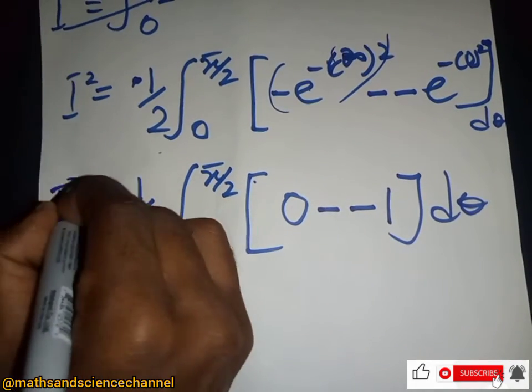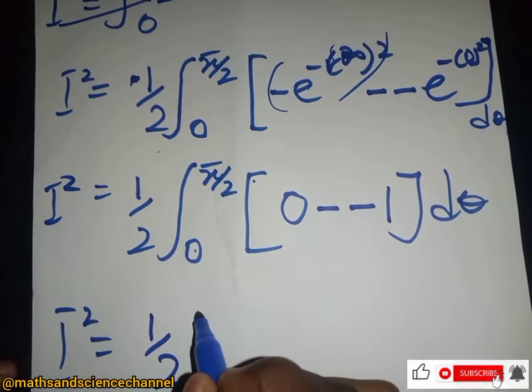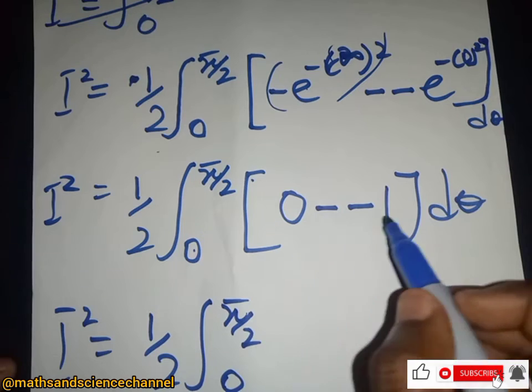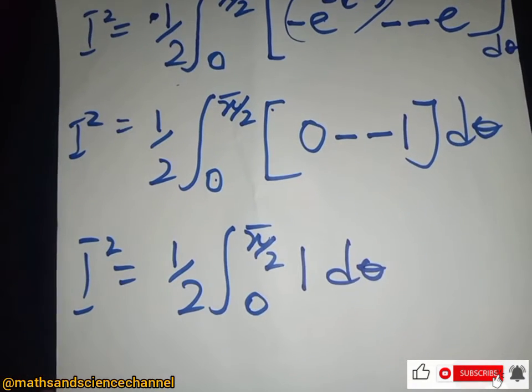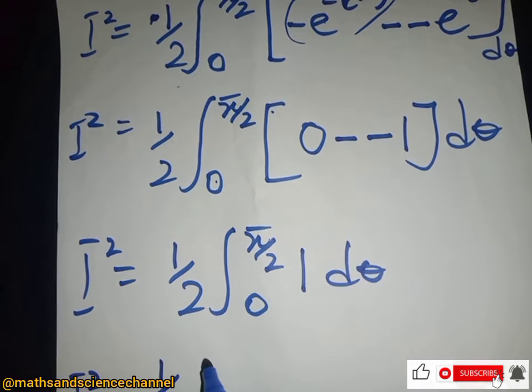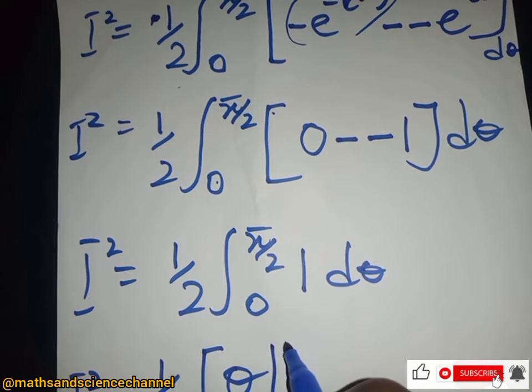So our I squared here is just going to be left with 1 over 2, pi over 2, 0 here, and then we are just left with 1, and then the theta. We integrate this again, integrating a constant, we are just going to get theta back. So it's just theta with respect to pi over 2 and then 0.